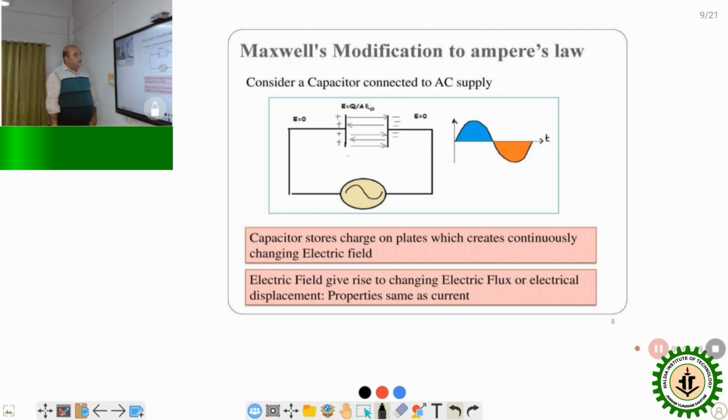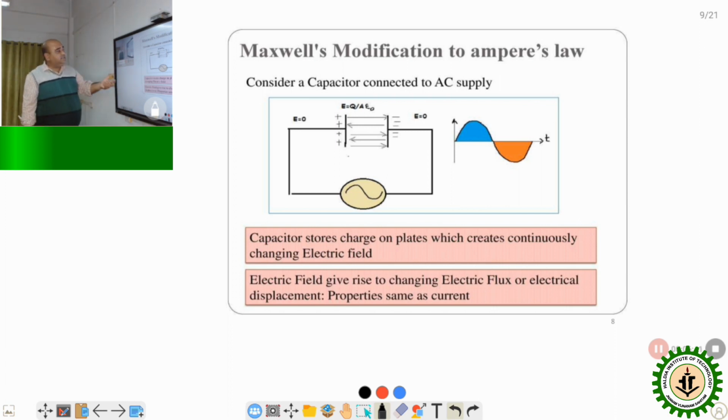Now coming to this extension, suppose we have considered a capacitor, simply a parallel plate capacitor. When we connect the capacitor to an AC source, what will happen? At one plate positive charges are formed in one cycle, and in the other plate negative charges are formed.